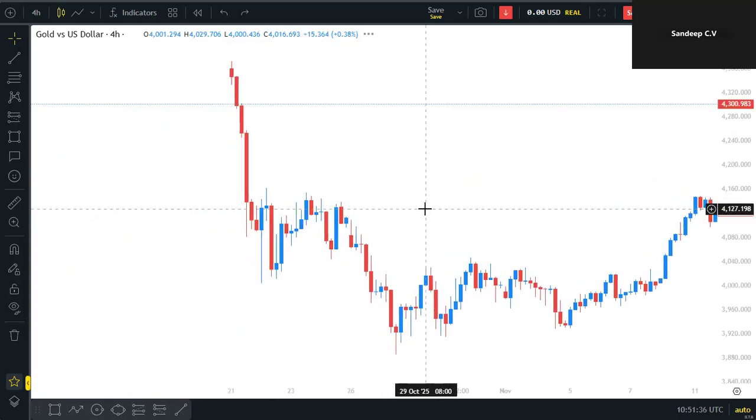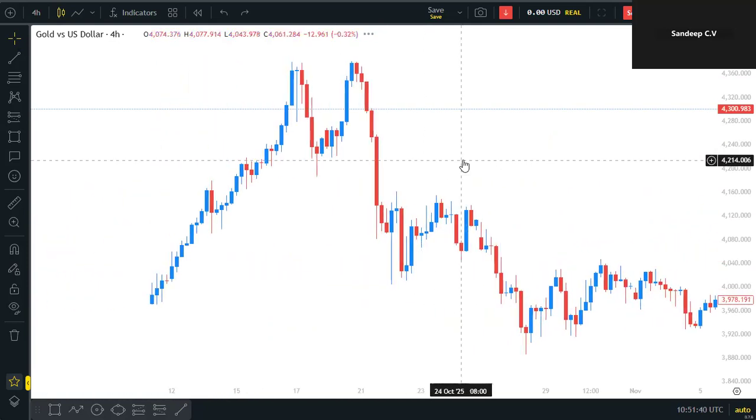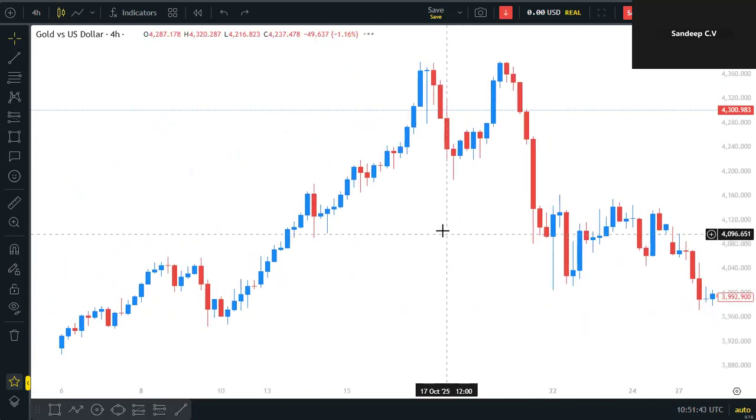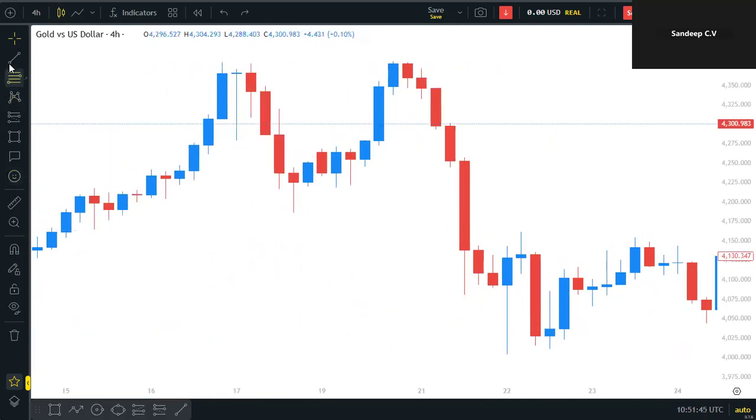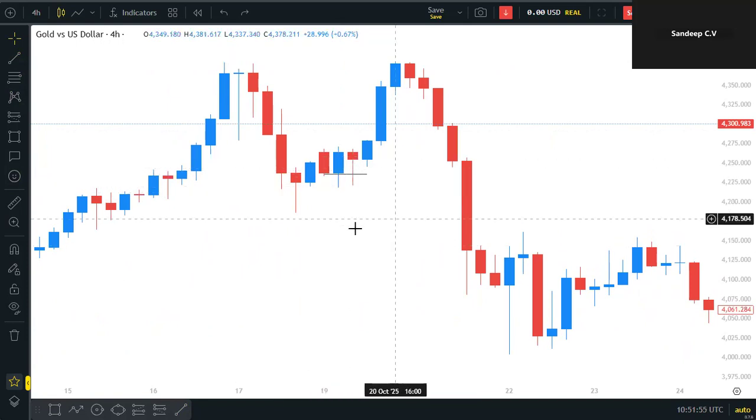Gold has done a lot of move. If you look at this zone over here, here we had a bearish close. So this is a bearish rejection.